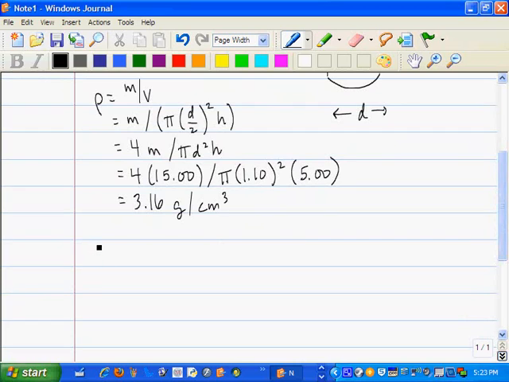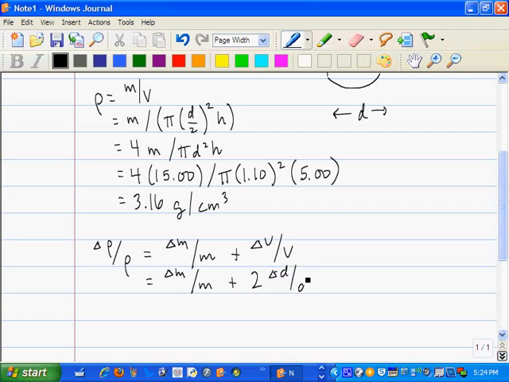We can calculate that the fractional uncertainty in the density goes as the fractional uncertainty in the mass plus the fractional uncertainty in the volume. The fractional uncertainty in the volume goes as twice the fractional uncertainty in the diameter, and it's twice because the volume goes as the diameter squared, so we have a factor of 2 here, plus the uncertainty in the height.